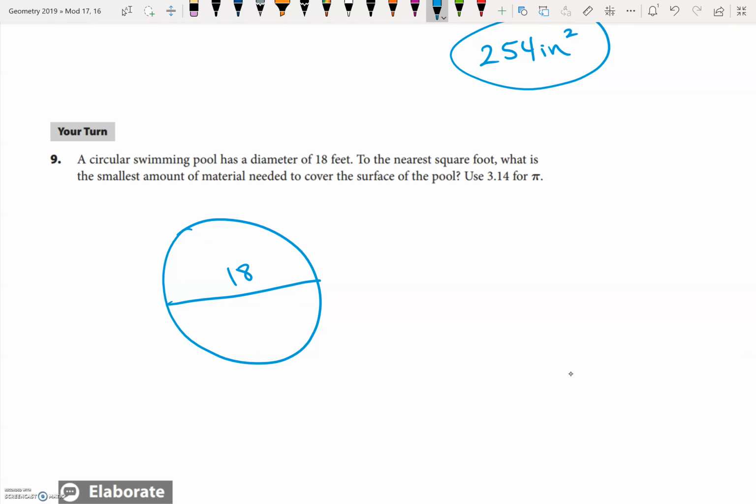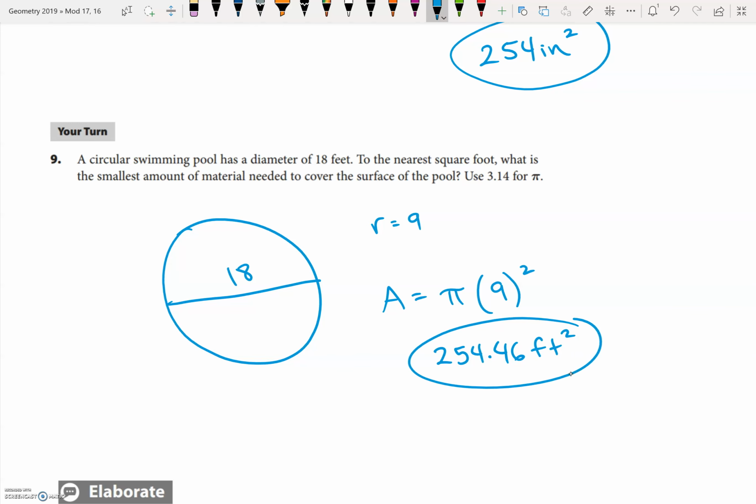So if our diameter is 18, our radius is 9, so we're going to say area equals pi times 9 squared, and we have the same problem as above, 254.46 feet squared. I actually realize right now that I'm getting a different answer than you might be getting, because I'm using pi in my calculator as opposed to 3.14, which it says to use. I don't really care which one you use. It's not a big deal.